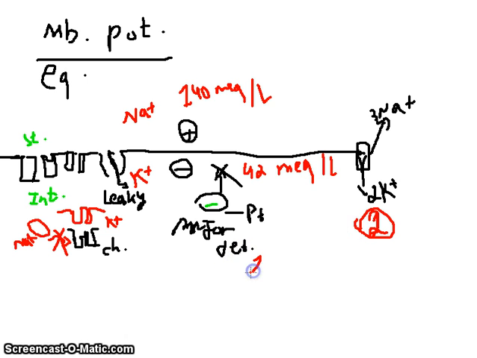Number 1 is the major determinant, the anions, then the pumps, and the leakage channels. 3 mechanisms maintaining this electronegativity. We must not forget these 3 mechanisms that keep the cell during rest in its potential.